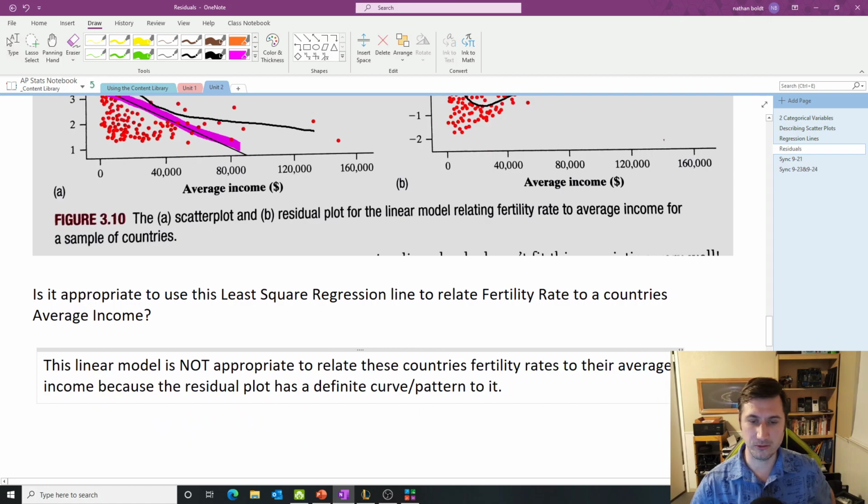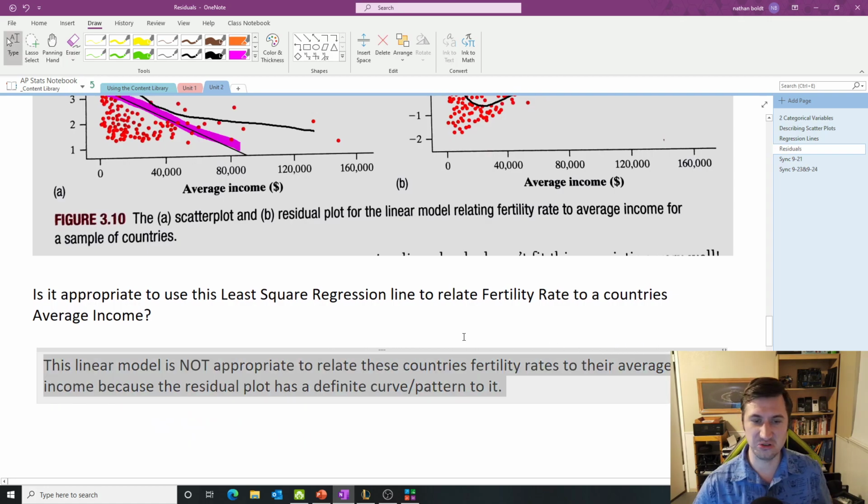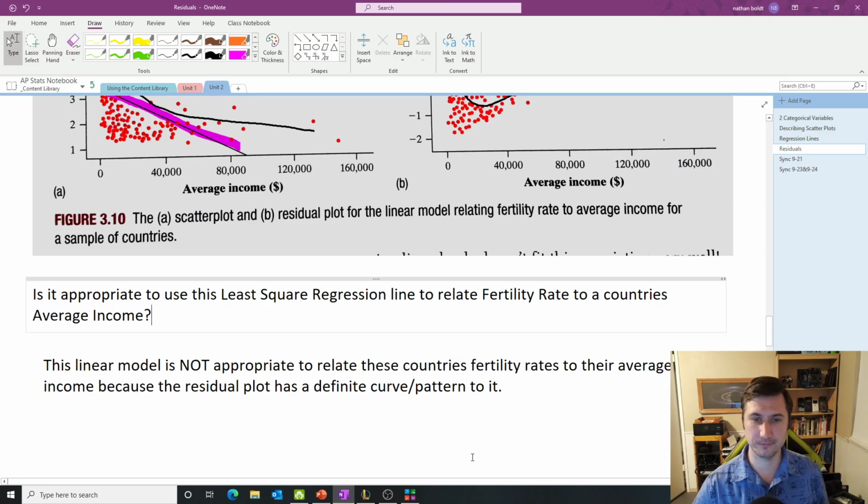And that is a great way to say that you should not use a linear model here. Can't do it. That's bad stats.